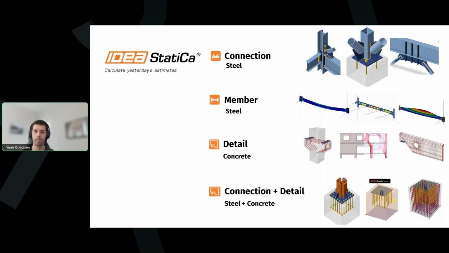On the concrete side, that module is called Detail. The first component of Detail allows for concrete member designs, which could be beams, corbels, walls, deep beams, or beams with openings. You have that flexibility in there as well. Finally, we have our Detail 3D module, which integrates with the steel connection application.